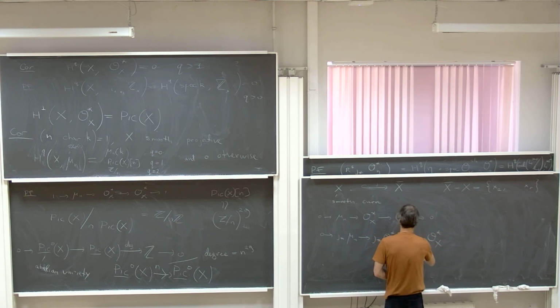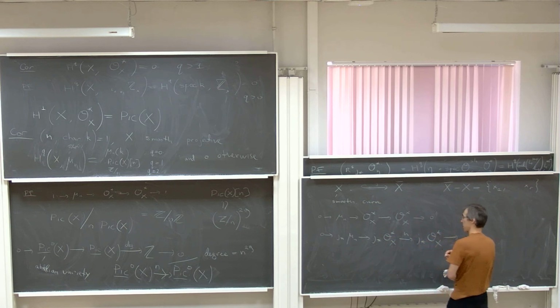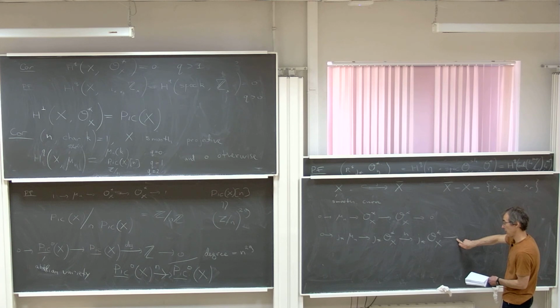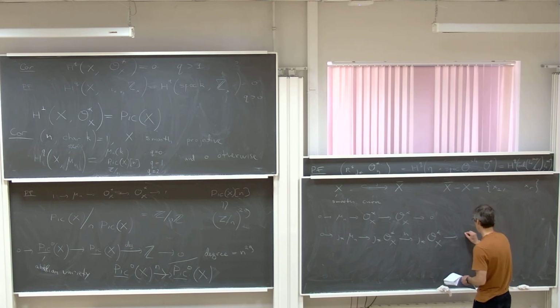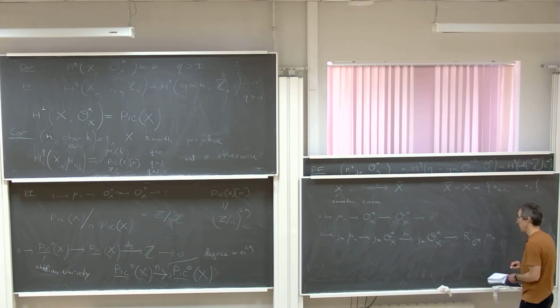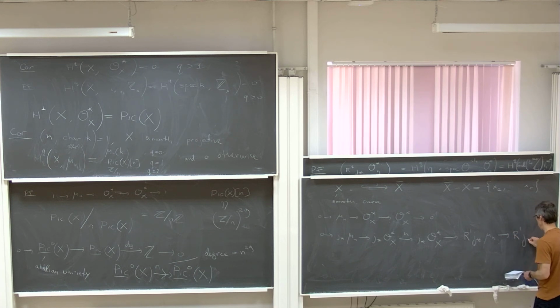That's multiplication by n. So this functor is not exact. So I'll have R^1 j_* of mu_n, and then I have R^1 j_* of O_X star, and so on.